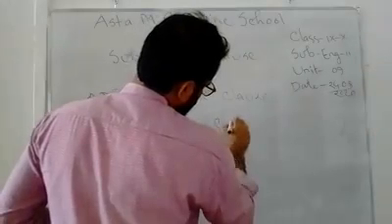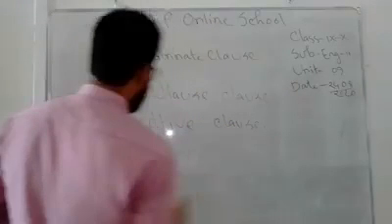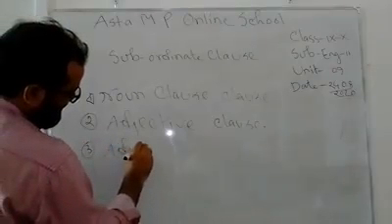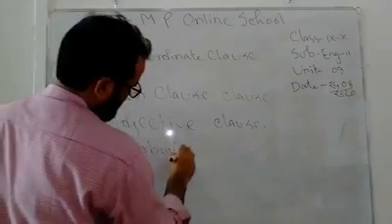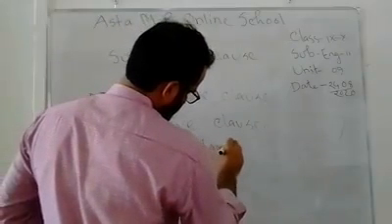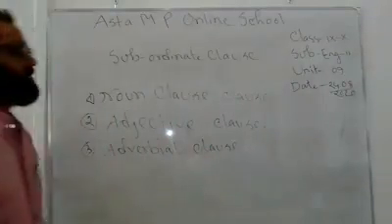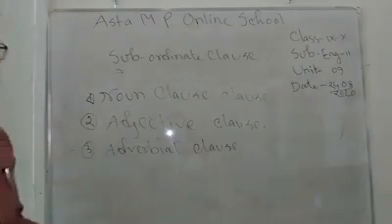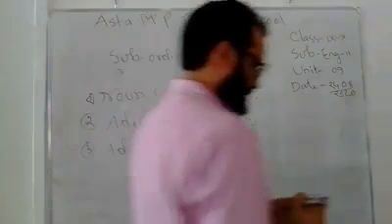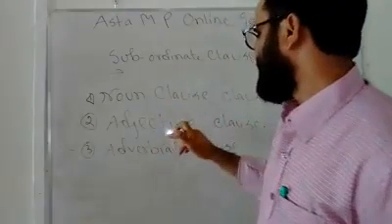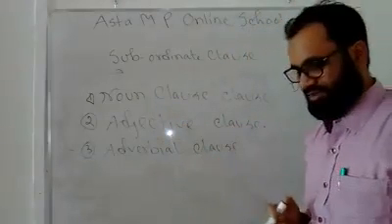Number two, adjective clause. Number three, adverbial clause. Dear students, these are the classification of subordinate clause. That means subordinate clause is of three types: noun clause, adjective clause, and adverbial clause.